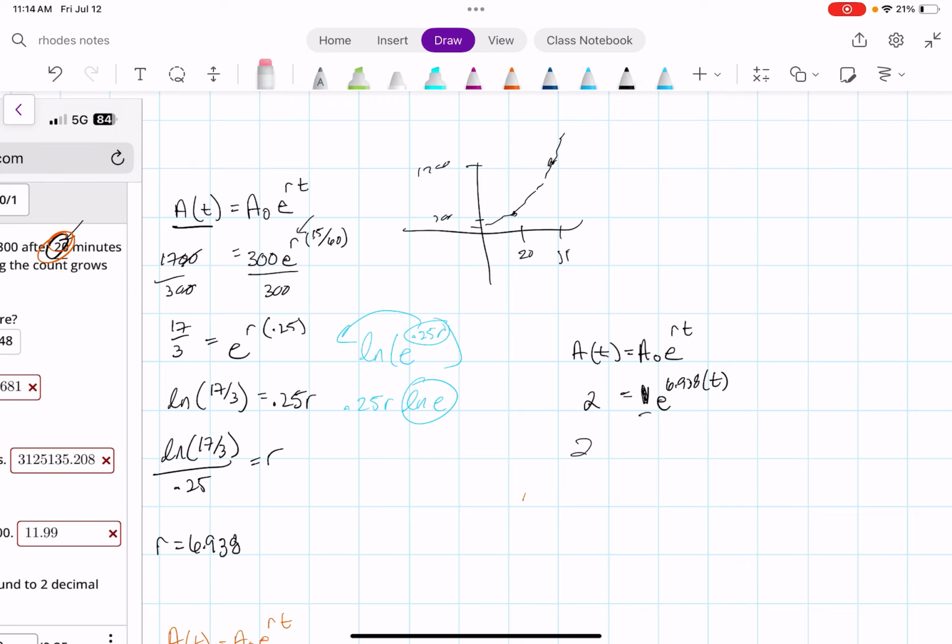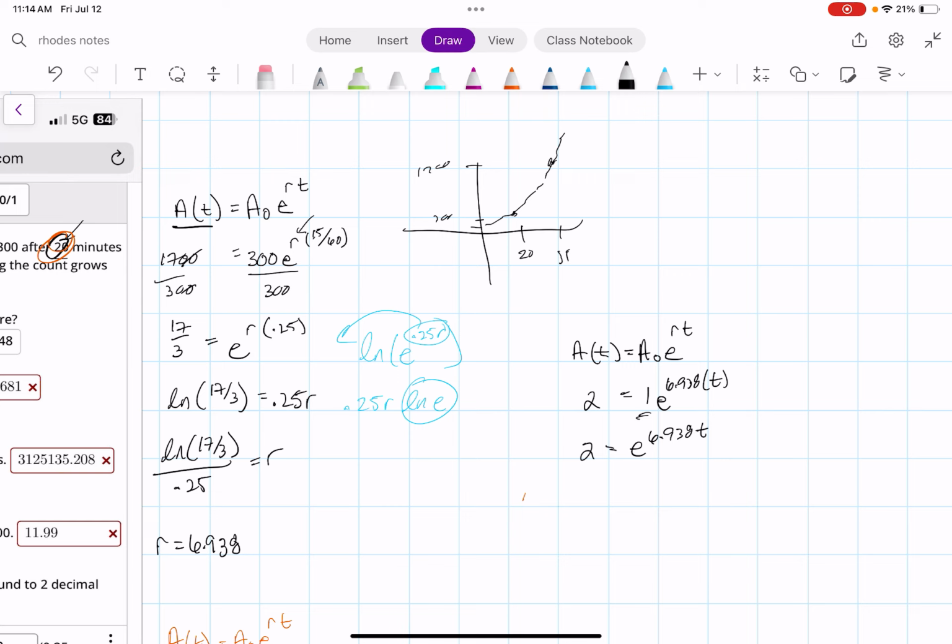So I always just start with 2 and 1 because I know what it's going to get to. All right, so I divide both sides by that coefficient of 1, so it just gives me, obviously, 2 = e^(6.938t).